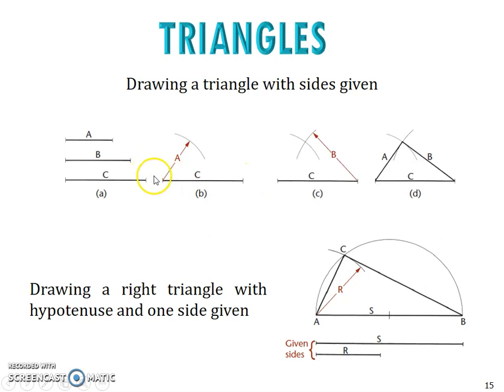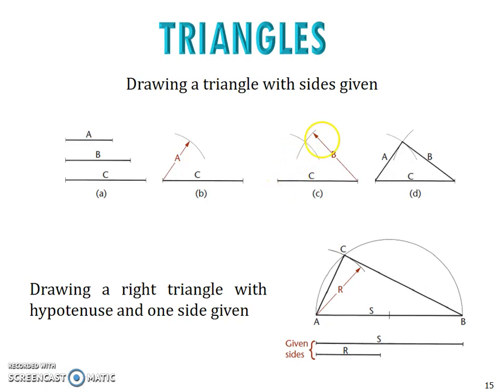And then in order to draw the A value, you get the distance by using the compass, put it on one end and strike an arc. So you'll get one arc. And then for the B, you get the distance from B and put it on the other end of the C and construct another arc, and you will get the intersection point here.